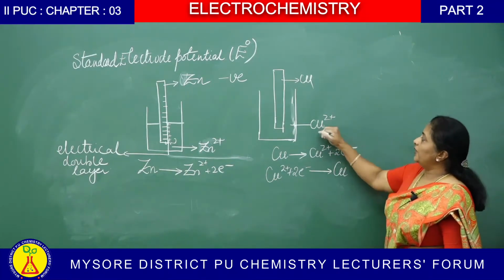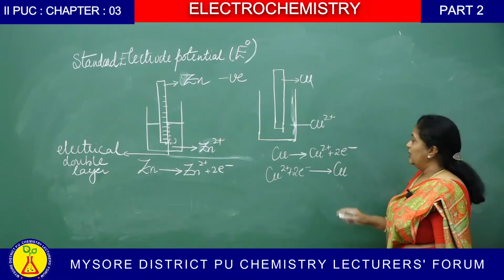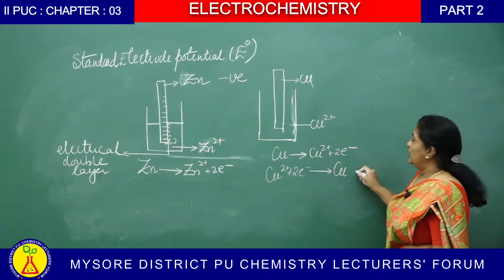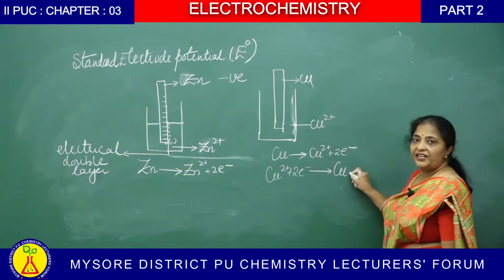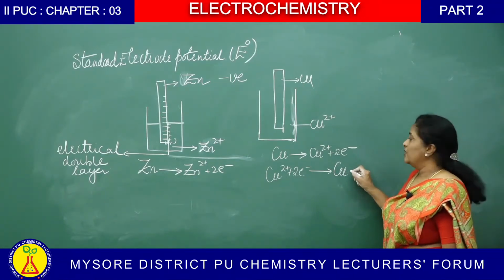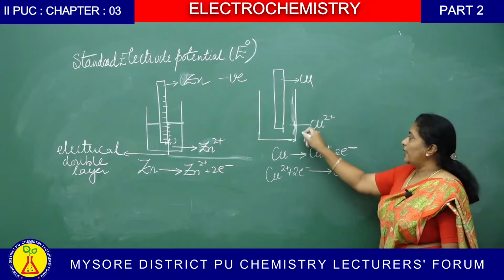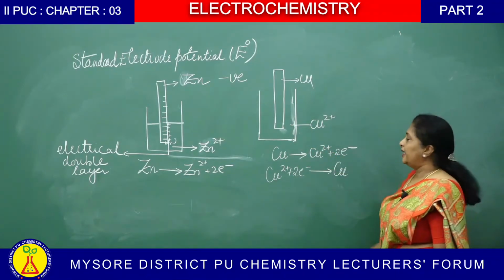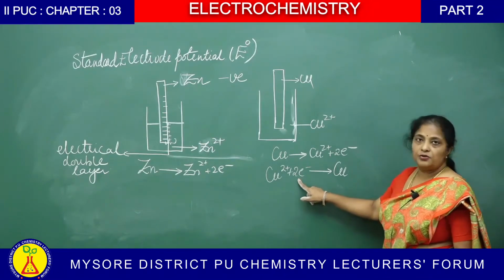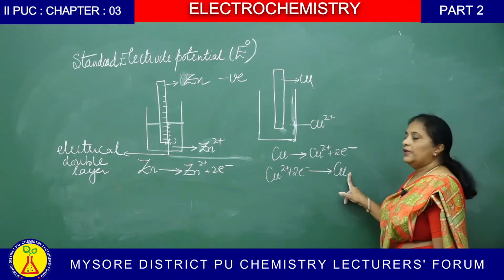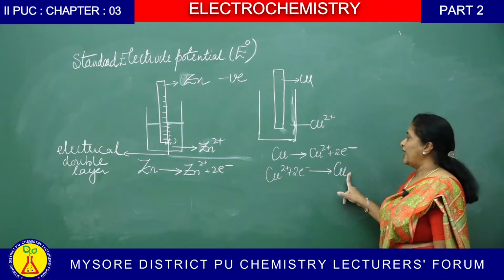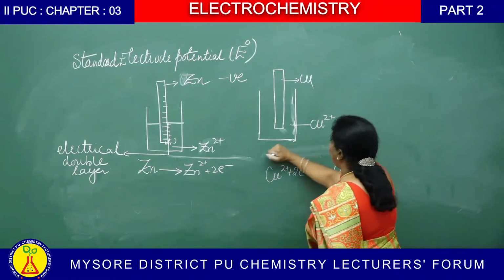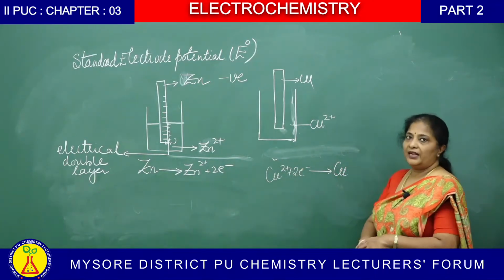But because of the nature of copper, the second reaction is faster. So, therefore, copper ions get reduced to form Cu atoms, or reduction is going to occur at the copper electrode.